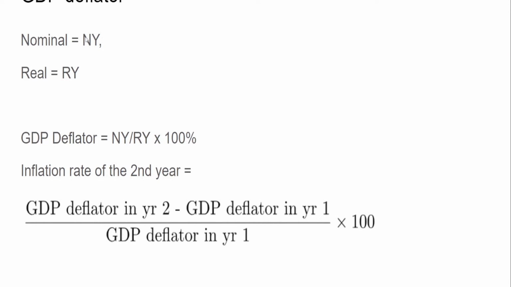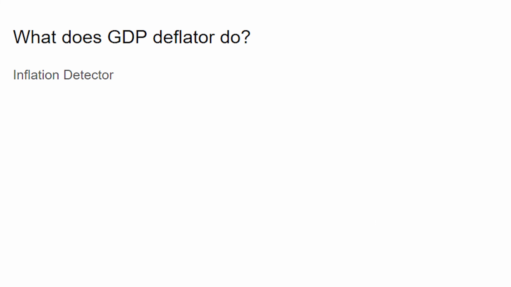Okay, GDP deflator. If we assume that nominal GDP is NY and real GDP is RY, then the GDP deflator is NY over RY times 100%. And for the inflation rate of the second year, I might as well copy the formula from the PPT. So the GDP deflator in year two minus the GDP deflator of year one, divided by the GDP deflator of year one.